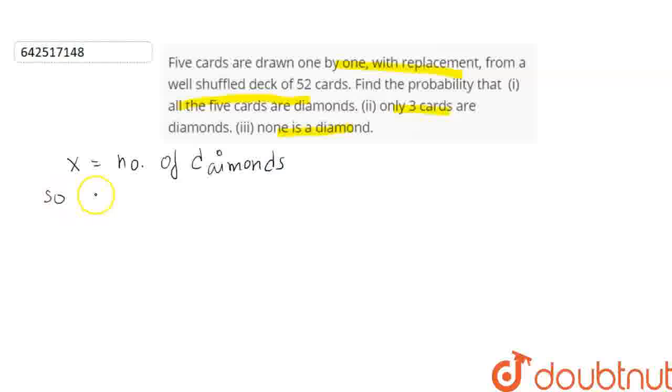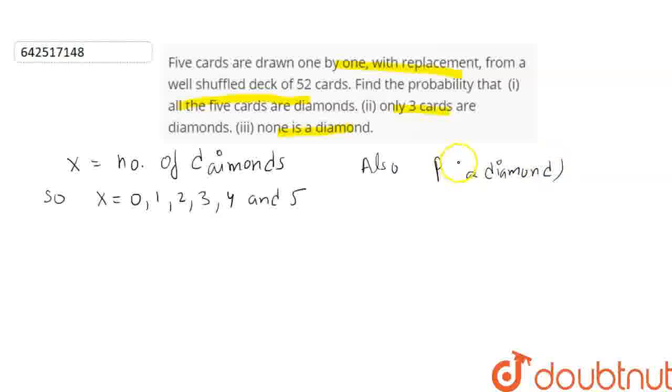So X can take values as 0, 1, 2, 3, 4 and 5 because we need to draw 5 cards. Also, the probability of a diamond from a deck of 52 cards is 13 by 52, that is 1 by 4.